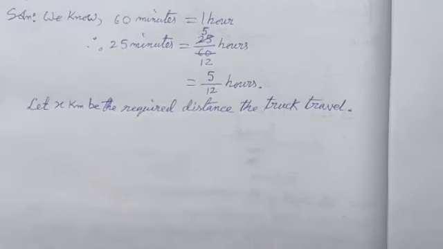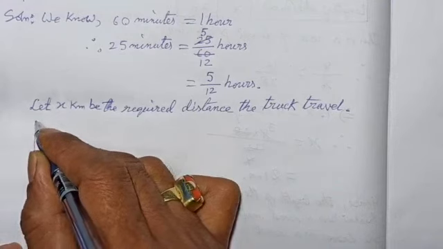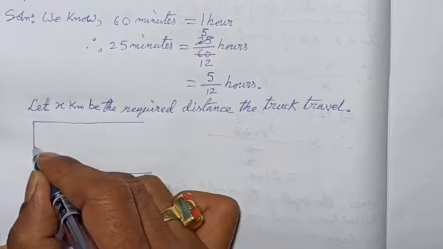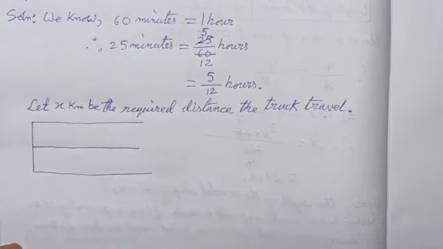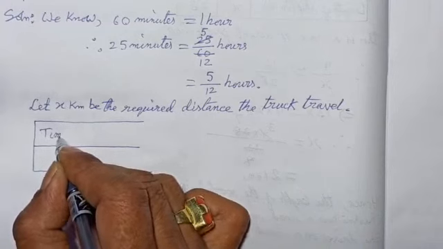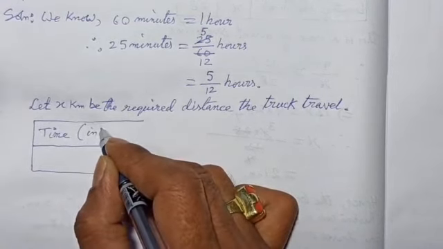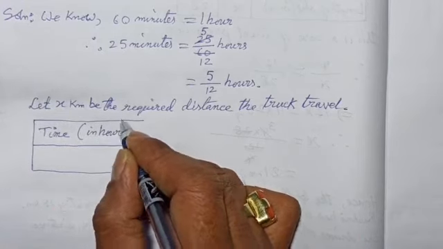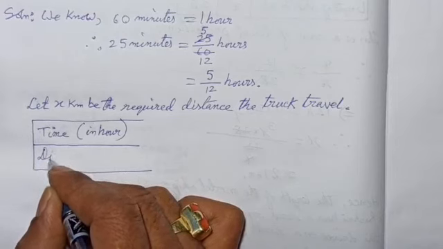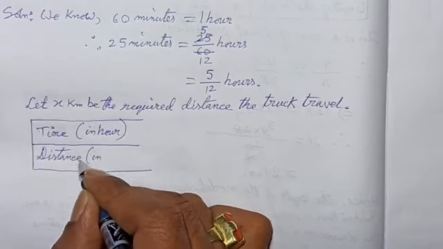After that, now let's make a table. Here time in hour, and here distance in kilometer.